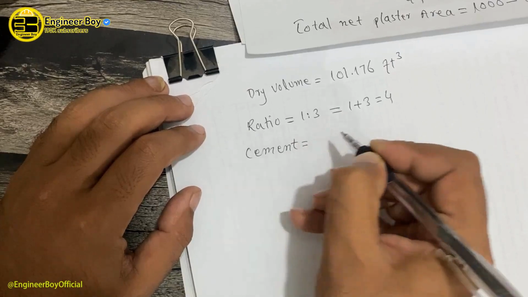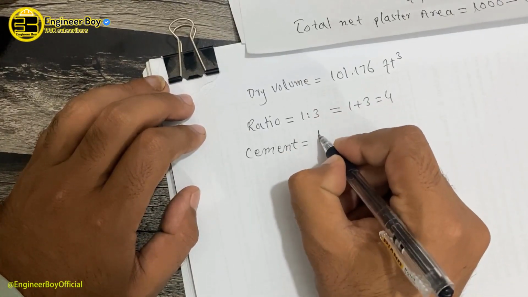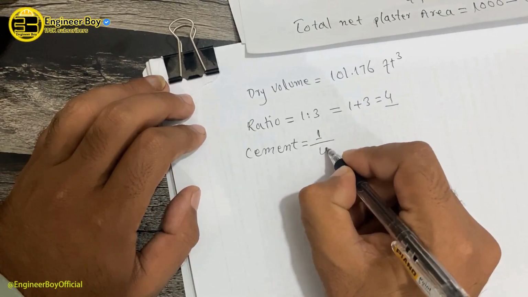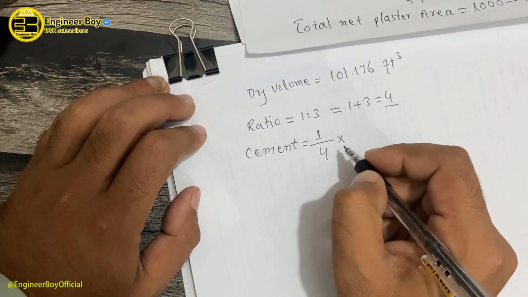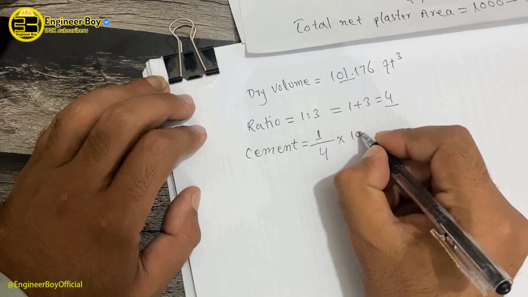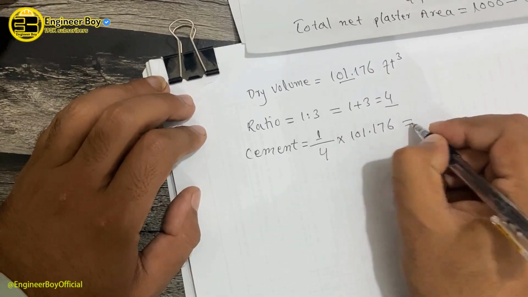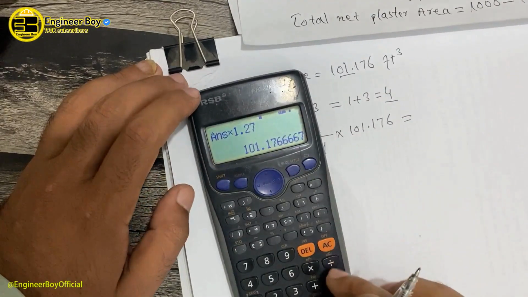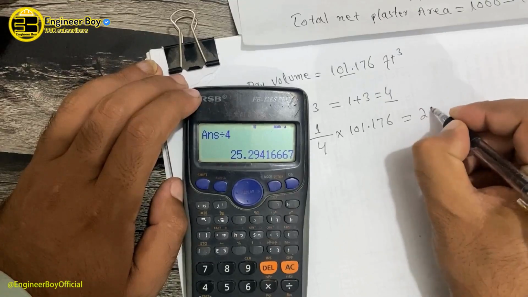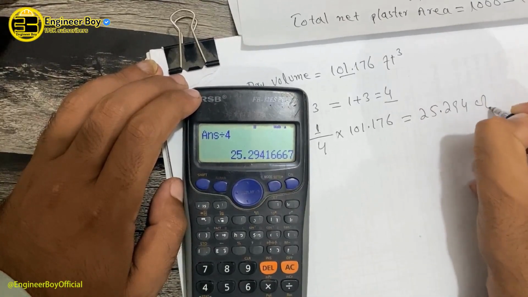So cement is the ratio of cement, which is 1 here, divided by the sum of ratio, which is 4, and then we multiply this ratio with the dry volume, 101.176. Let's divide that by 4, so we have cement, which is 25.294 CFT.